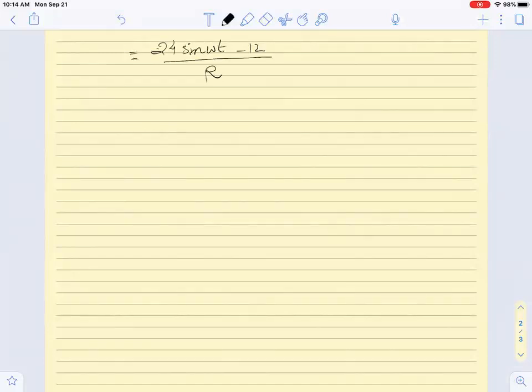Therefore the verification is ID is positive when 24 sine omega t, when Vs is greater than 12. And now we can start to talk about something called the conduction angle.